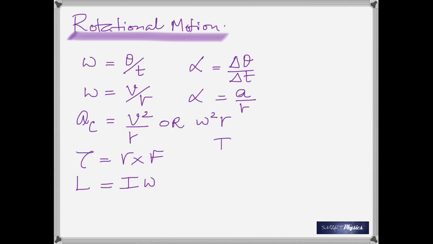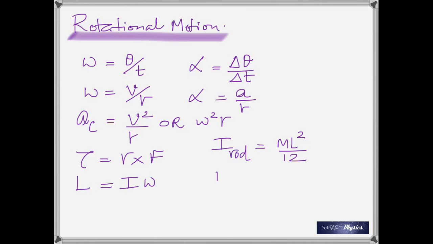Then you know that I stands for rotational inertia, and it takes the place of mass in linear motion. And rotational inertia, specifically you have to know the rotational inertia of a rod, ml squared by 12. That is when the axis is through its center. But do you remember what the rotational inertia is if it's rotating about one end?